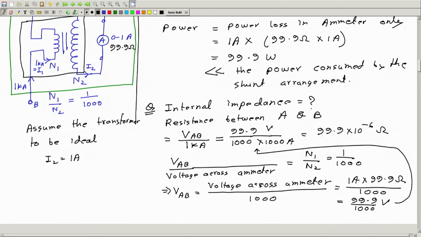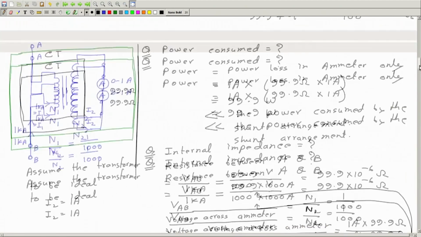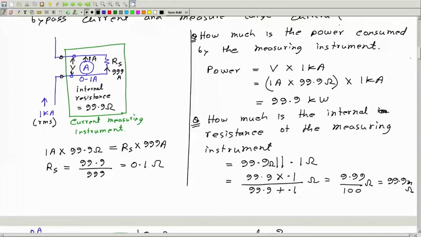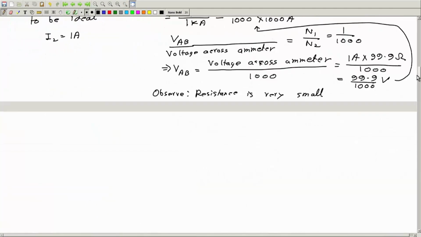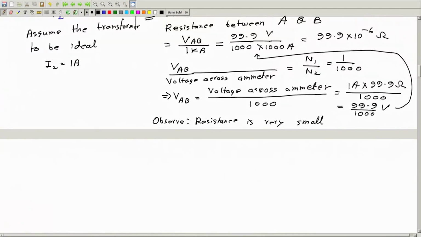So you see this resistance is very small. Okay, so observe, resistance is very small, and much smaller compared to this arrangement where we had 99.9 milliohm, but here it is 99.9 microohm.